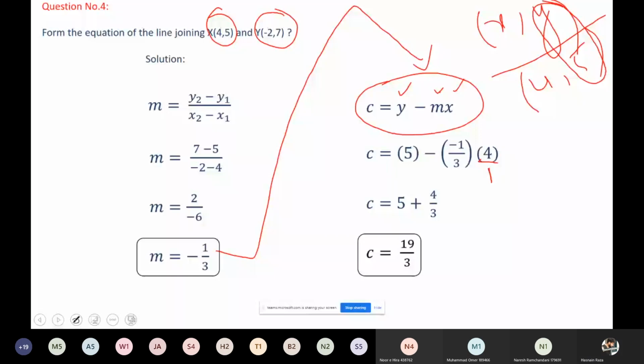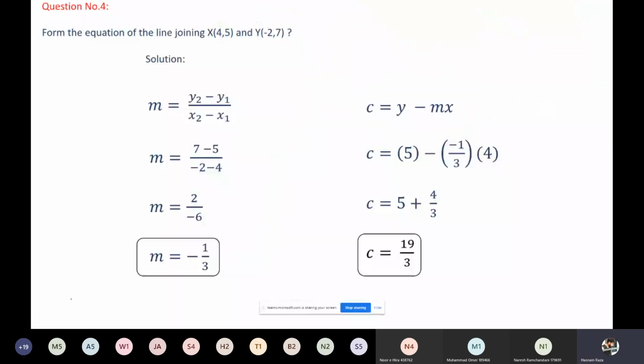Now, what if we take the LCM? Look here. C equals, I'm solving after this, 5 plus 4 upon 3. Right now, there is a 1 in the denominator of 5. We are taking the LCM, which means we have to make this 3. अब भाई जब 3 नीचे मल्टीप्लाई किया तो ऊपर भी मल्टीप्लाई करना पड़ेगा.